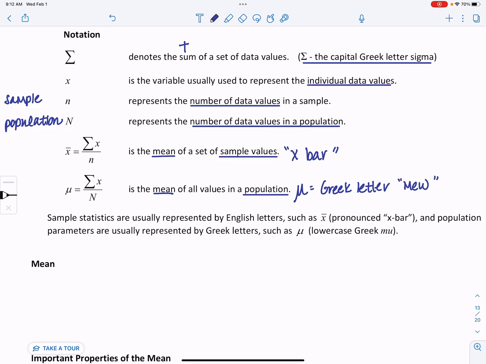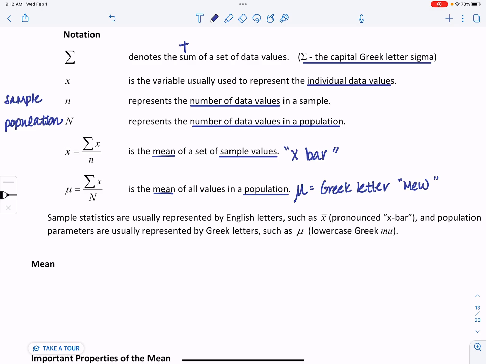So you have a couple of new things. You have capital N for population size, little n for sample size. X bar is the average of the sample values, and mu is the average of all of the values in the population.